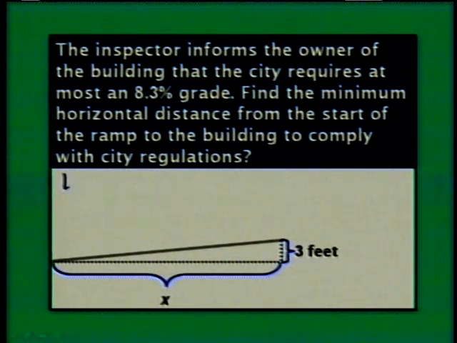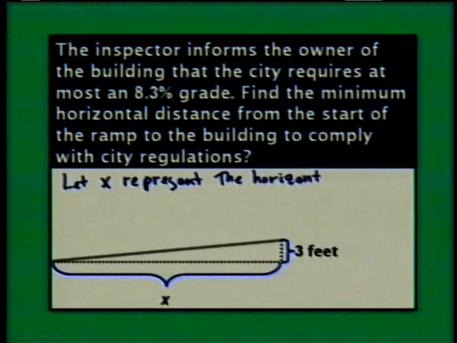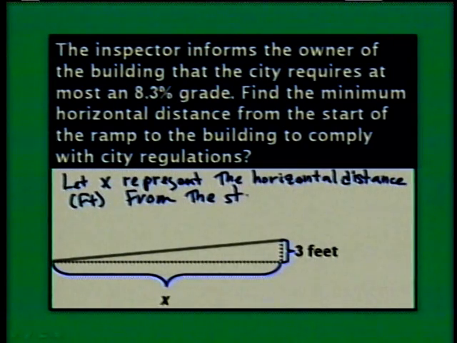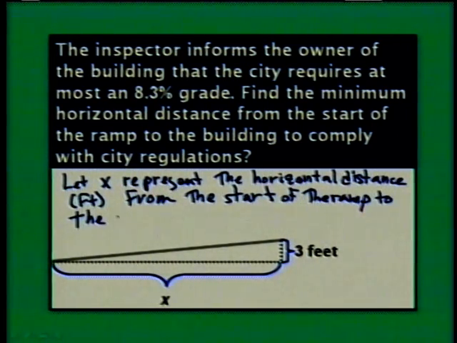So I'm going to let x represent the horizontal distance, and I'm measuring distance in feet in this problem, from the start of the ramp to the building.